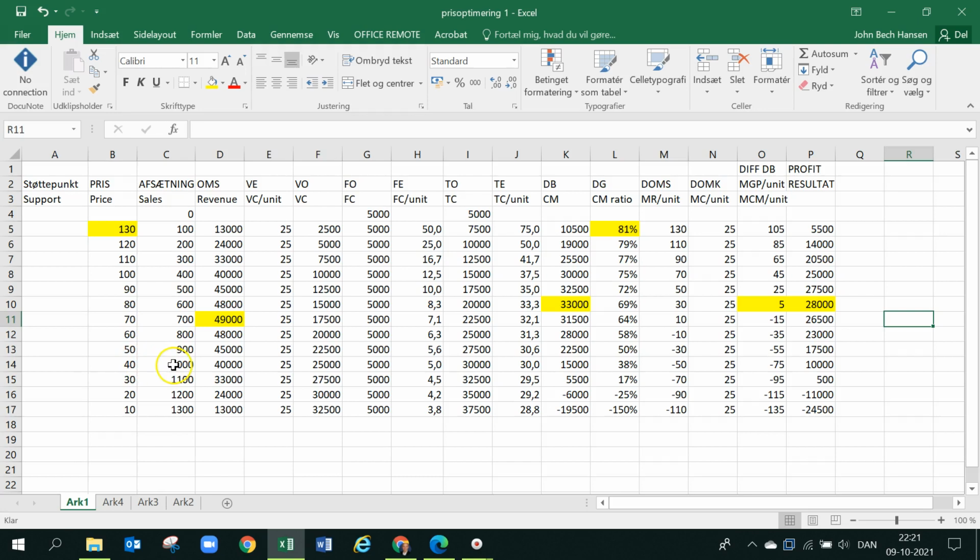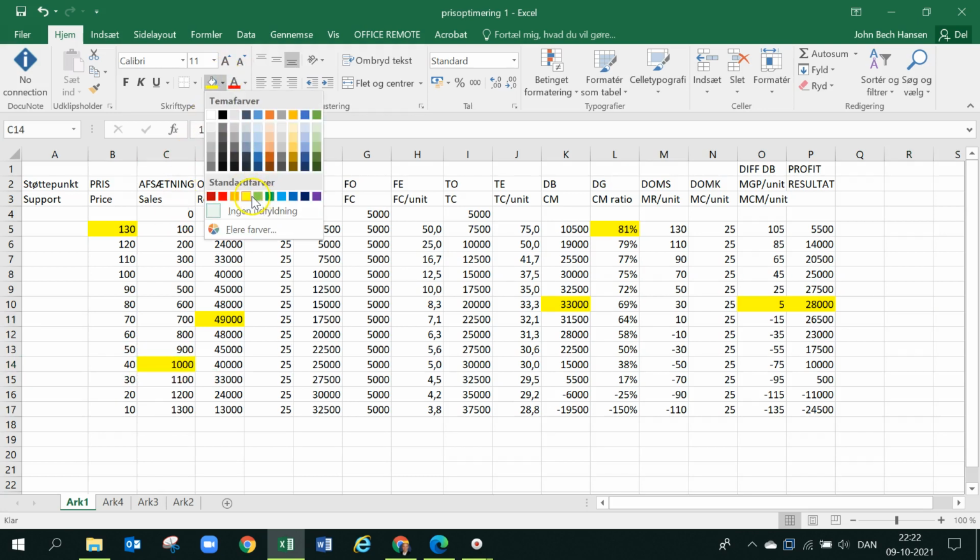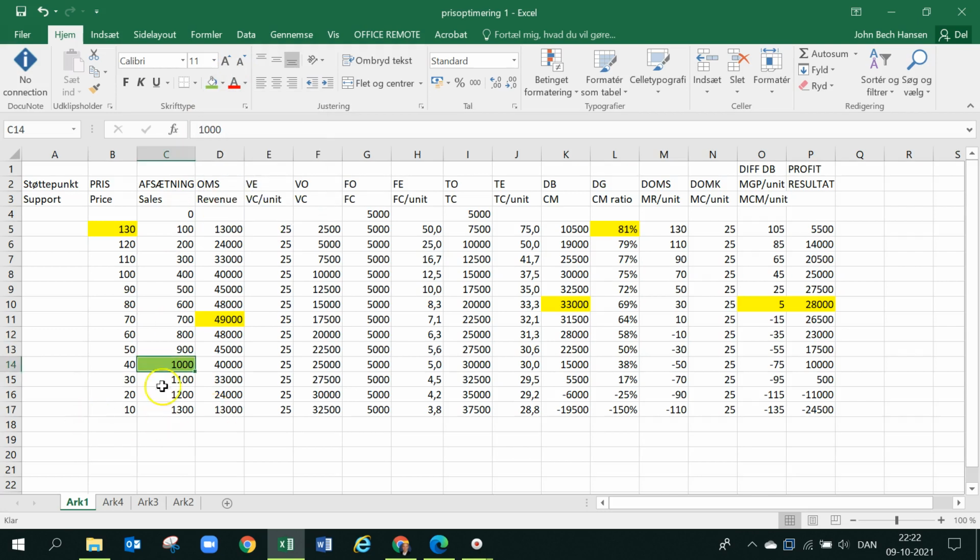Well, if we say that we have a max capacity of 1,000, then of course we will see, well, from the 600 sales up to 1,000, we have actually 400 in capacity left over. And the offered price, I can't remember how much, let's say it was 55. And the cost is 25.